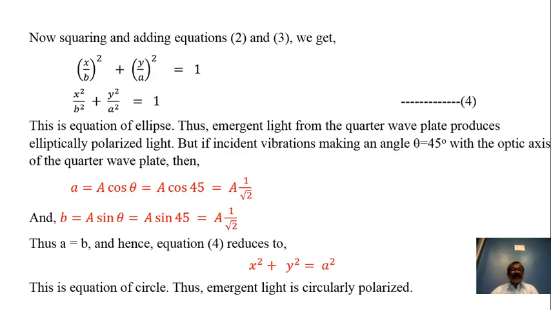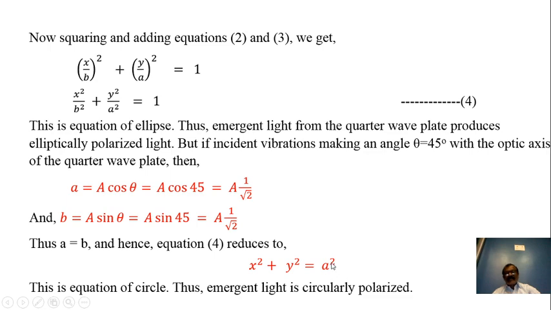As a and b are equal, put these two values here, b equal to a. So we will get x square upon a square plus y square upon a square is equal to 1, and because of that you will finally get x square plus y square is equal to a square.